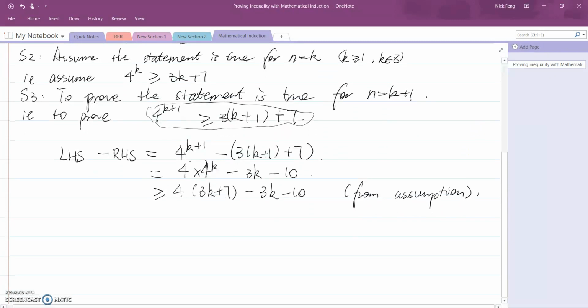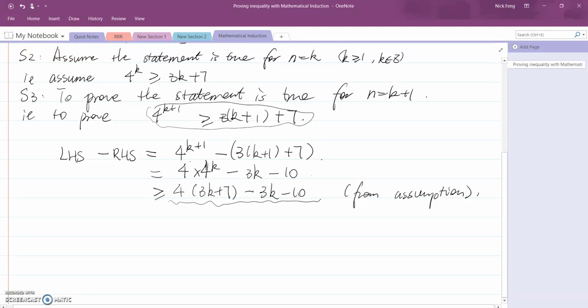And then we continue. Now, as I mentioned today, you can keep writing greater or equals to. If you write equal, is that going to be wrong? It's actually not. The reason is we are just following this line in here. This line, if we keep evaluating, you can say equal.